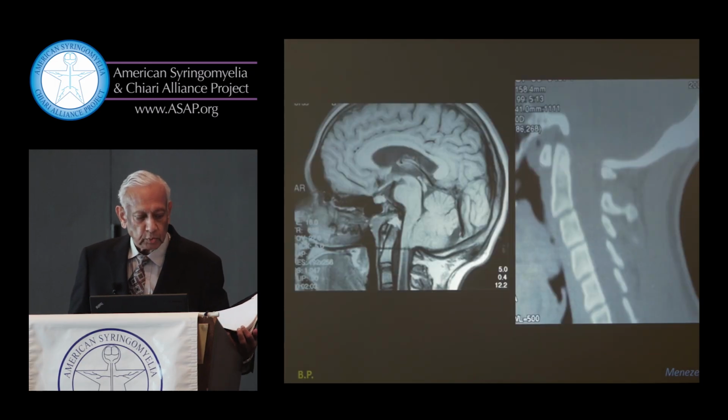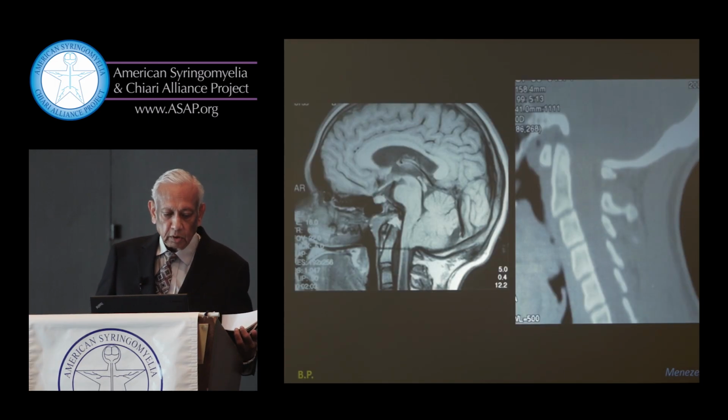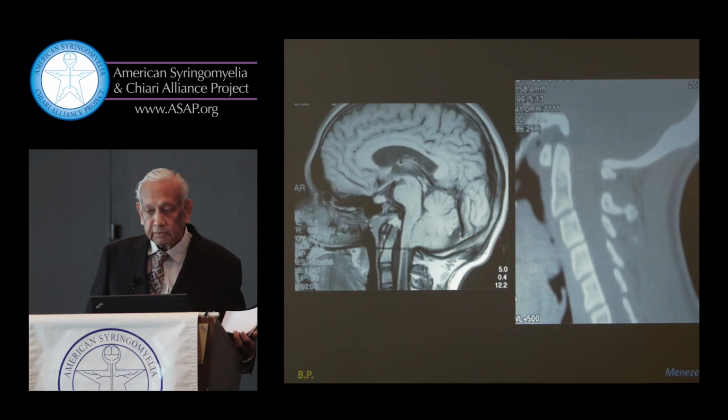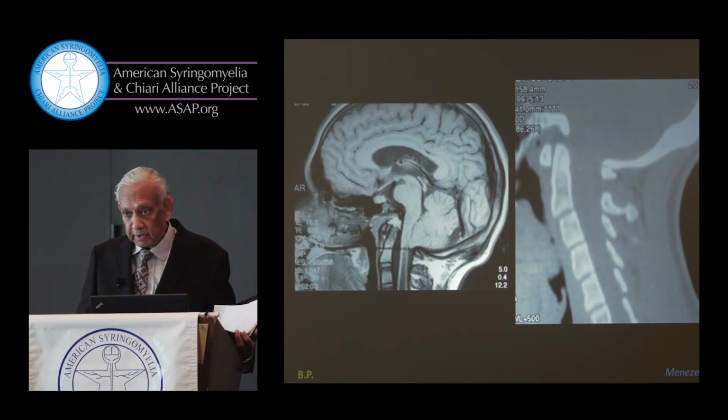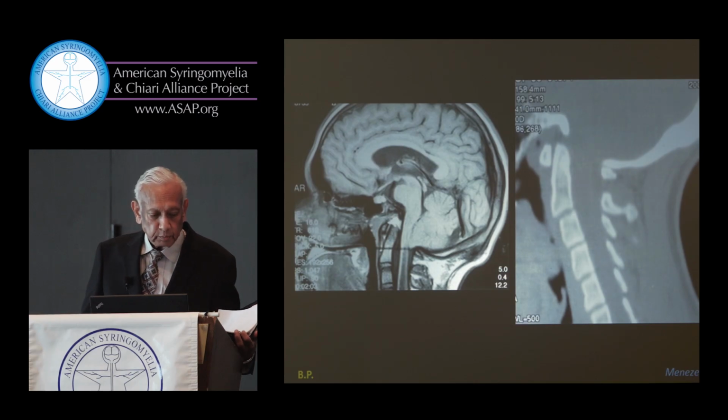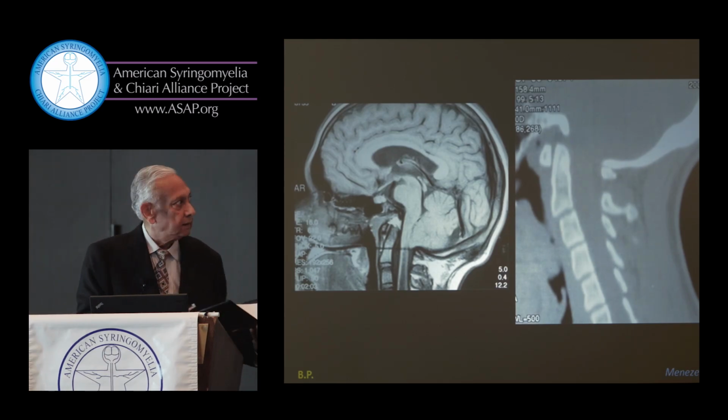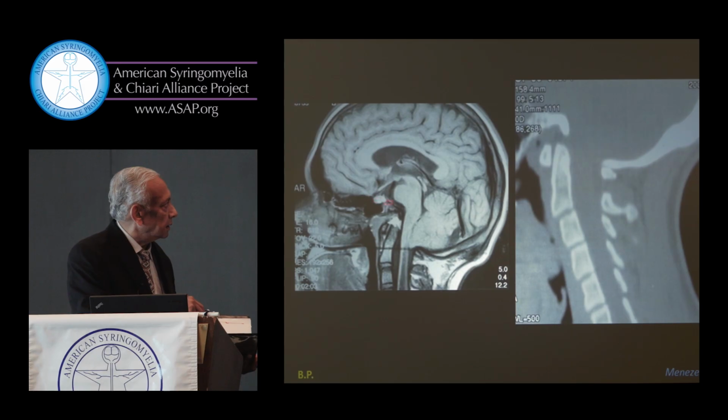This is an individual who had the whole constellation of symptoms and signs of compression of the brainstem. Sleep apnea, difficulty breathing, had to be fed by an NG tube. What you have to see is that the syrinx which is present, the 2D on the right side, shows the bony abnormality. The angle between the clivus, that's nearly 90 degrees.